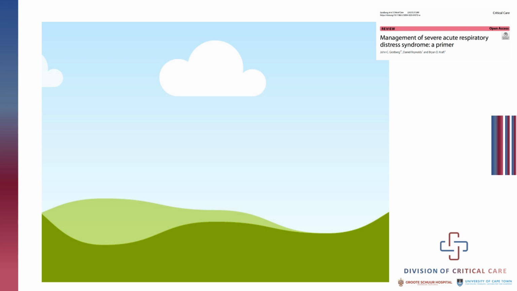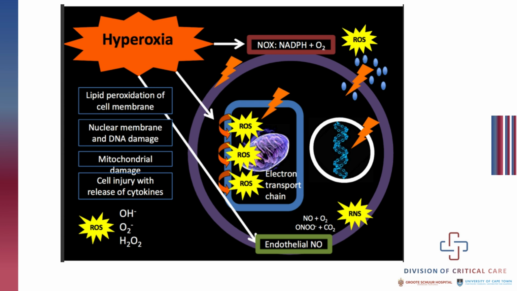I'm going to say just a few words on hypoxia, because we know that we tend to see more lung injury with higher PO2s. So really with ARDS, we want to target conservative PO2 targets of no more than 8 kilopascals, and anything above 10, 12 kilopascals can be associated with more reactive oxygen species being released and more lung injury.